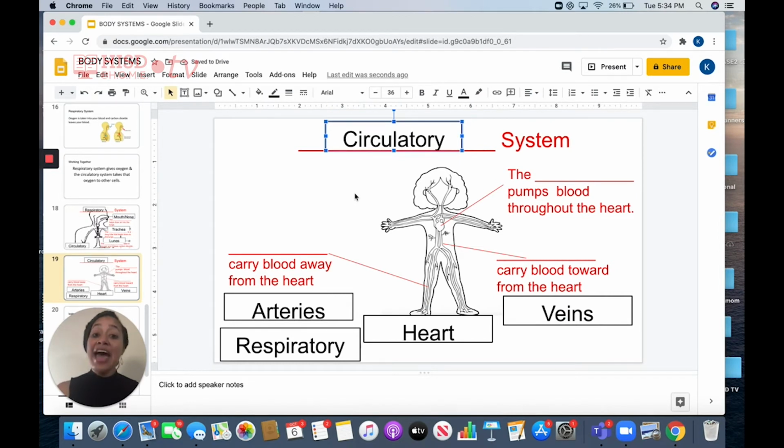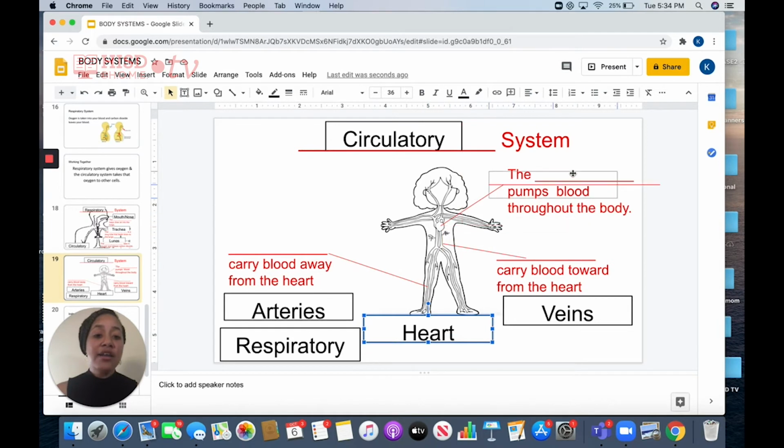And so now let's label some different organs within our circulatory system. This says the blank pumps blood throughout the body. So what pumps blood throughout the body? Yes, it is the heart.